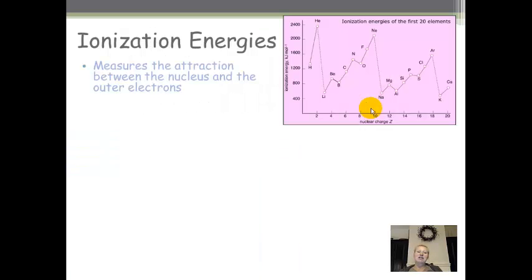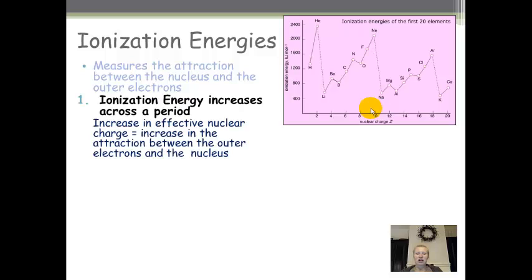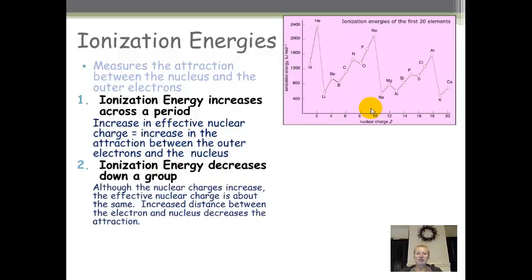Another thing that we can see that changes periodically is ionization energy. So remember, ionization energy measures the attraction between the nucleus and the outer electrons. It's how much energy would be required to remove an electron. So as you go across a period, ionization energy increases because your effective nuclear charge is increasing, which means that it's getting harder and harder to pull an electron from the nucleus.